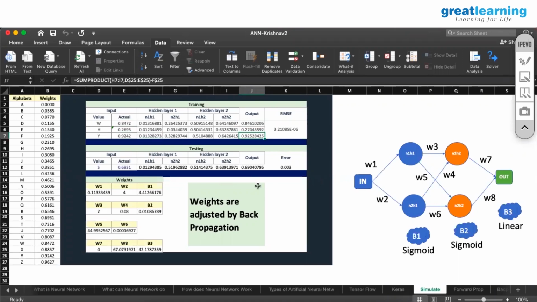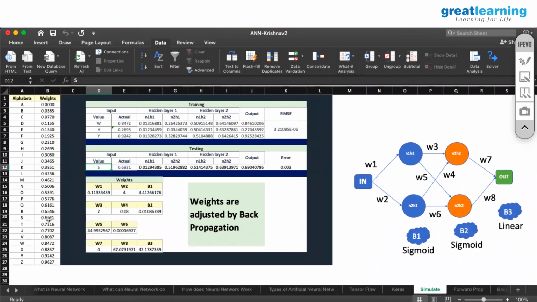Yes or no? So can I say I have designed a network such that tomorrow, if I give this particular value, it is going to identify that it is W, or at least if I give this value, it is going to identify it. Are you able to visualize that now? Let's test it. For example, I have given a value S here.